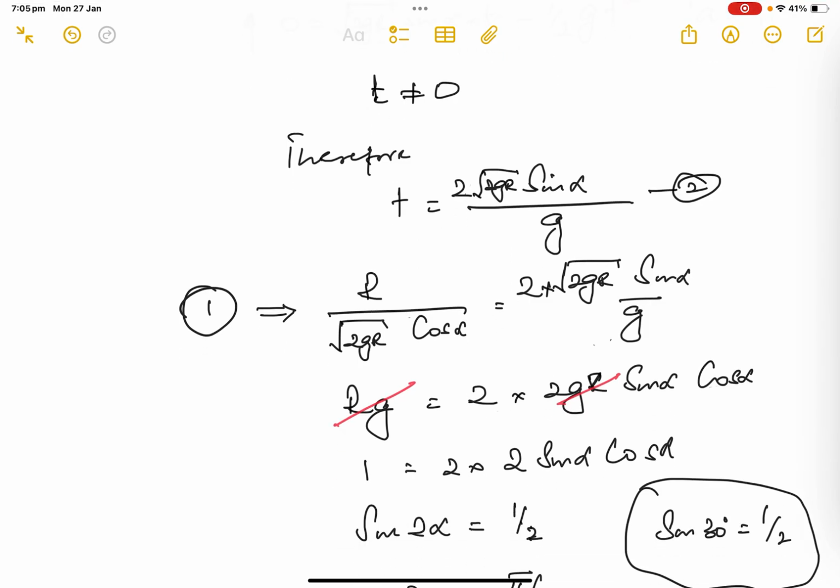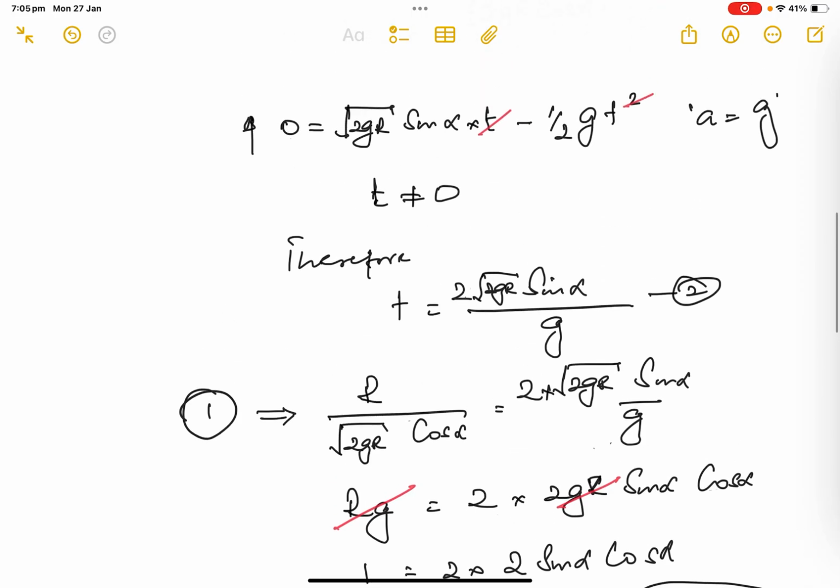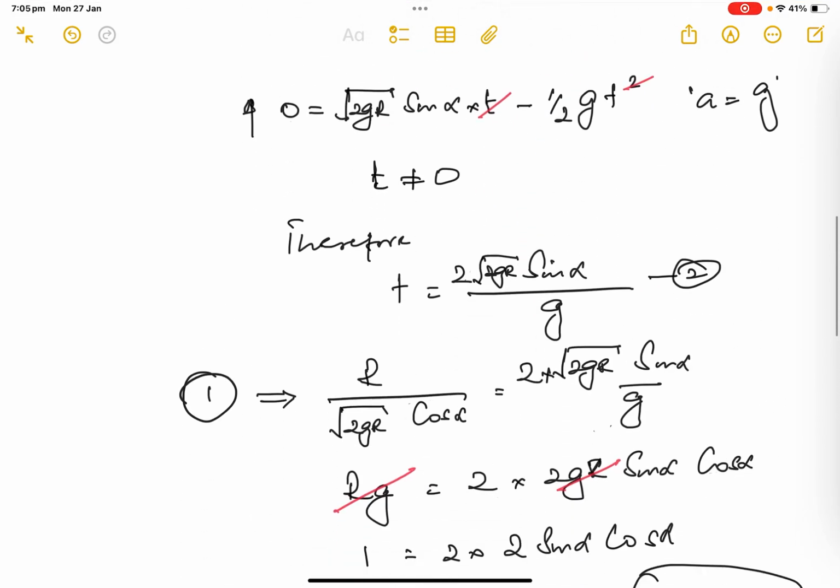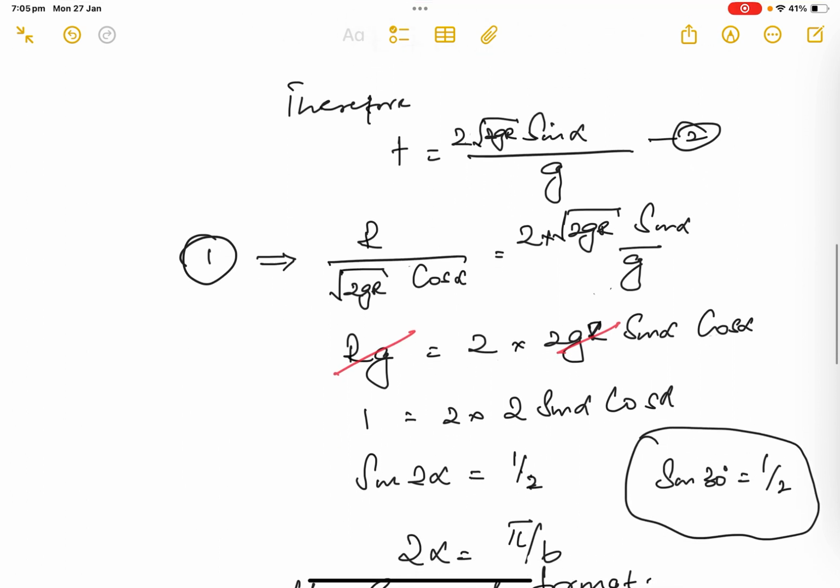Therefore, we can substitute the value for t. In other words, we want to eliminate t on equation 1. So equation 1 is t equals R over the square root of 2gR cos alpha.